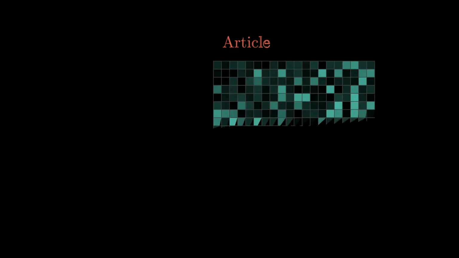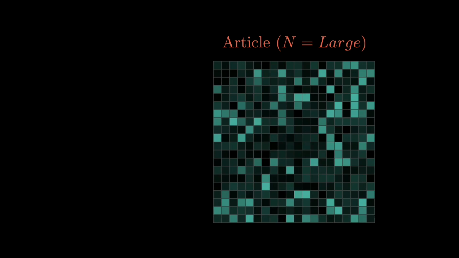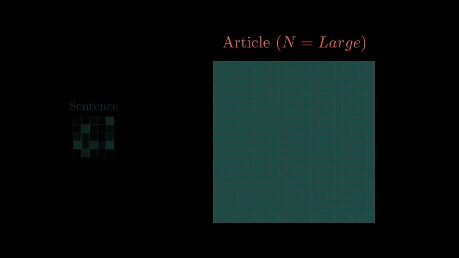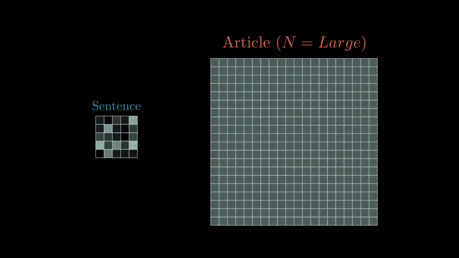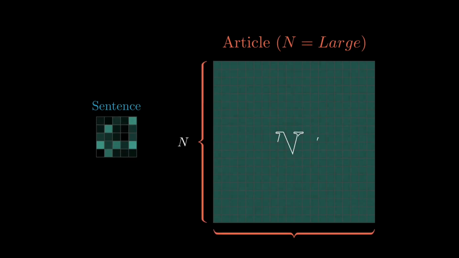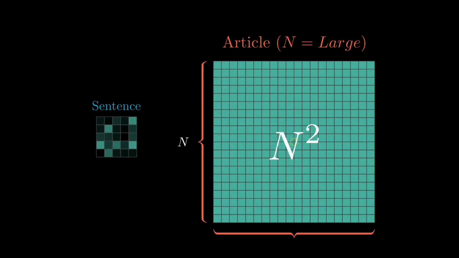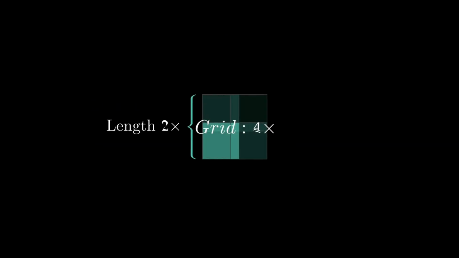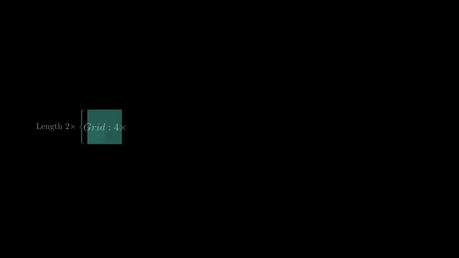Now, coming back to the article example, if we visualize its attention pattern as a grid, you will see something much larger than the grid we had for our central sentence. That's because the size of the attention pattern grows with the square of the context size. In simple terms, if your context becomes twice as long, the attention grid becomes 4 times bigger.